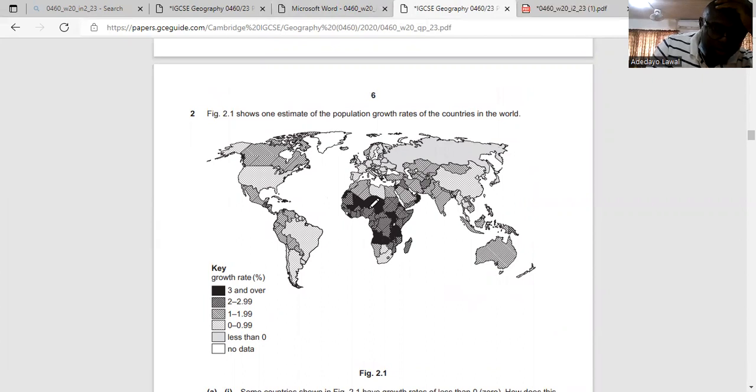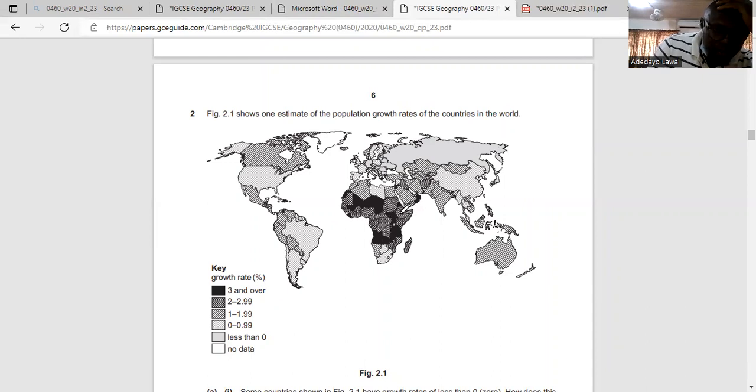We can talk about countries like Niger has growth rate of 3% and over. Countries like Niger, Mali, and which country is this? They can also talk about that most countries have, I think which one is most? Like this sign. This is the most.